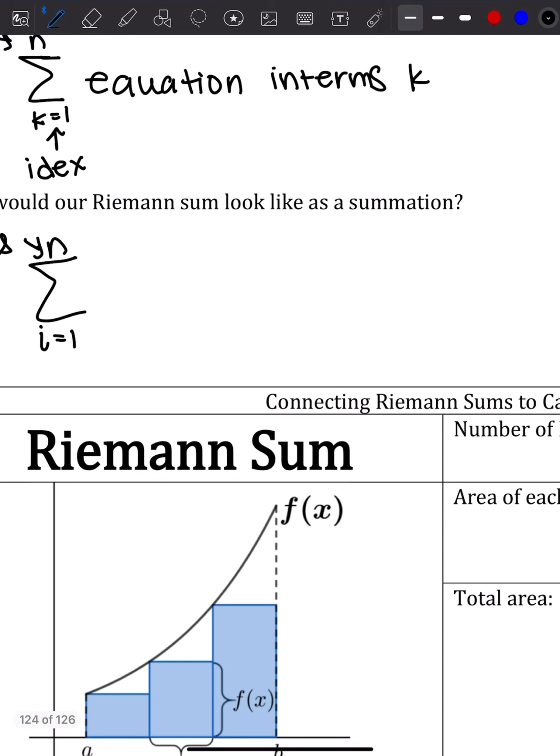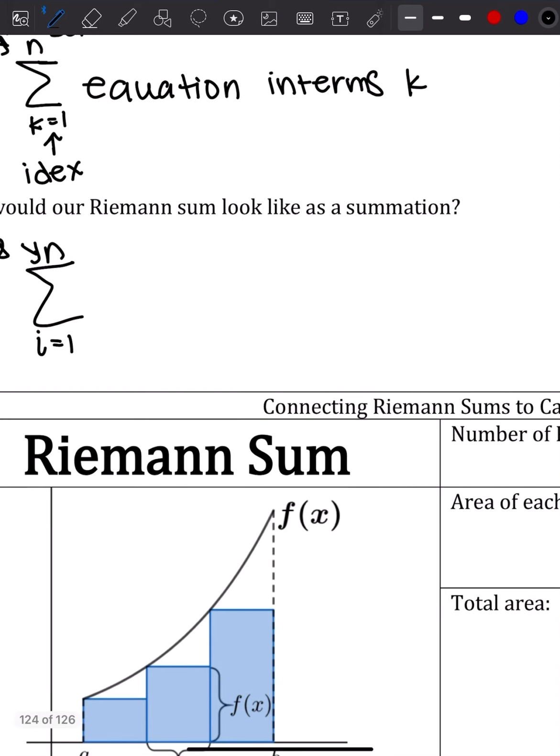So one of the things that we're going to look at is what we think of when we're doing Riemann sums. When we're doing Riemann sums, we're going to have a base and a height. Our base is always the change in our x values.